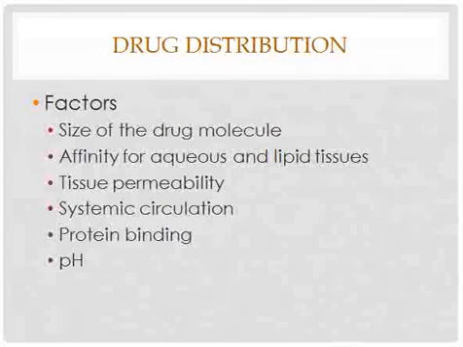Tissue permeability is a factor when we think about drug distribution. And then the systemic circulation, and then protein binding and pH. Protein binding is a pretty big one, and I'm going to touch on that again in a couple of slides, so we'll come back to that. And then pH can also affect its ability to be distributed.